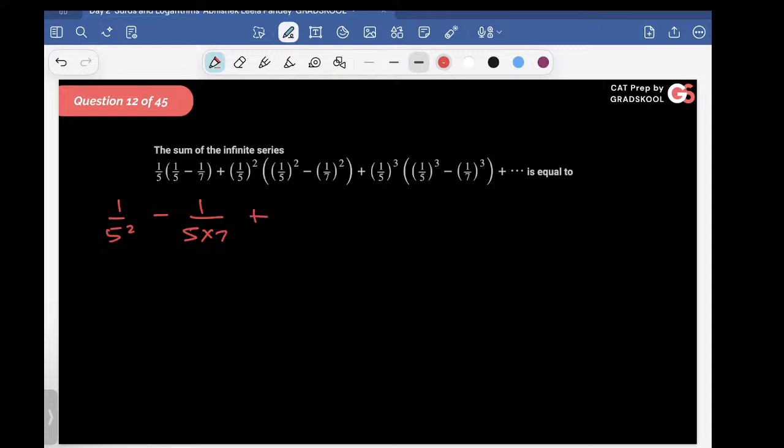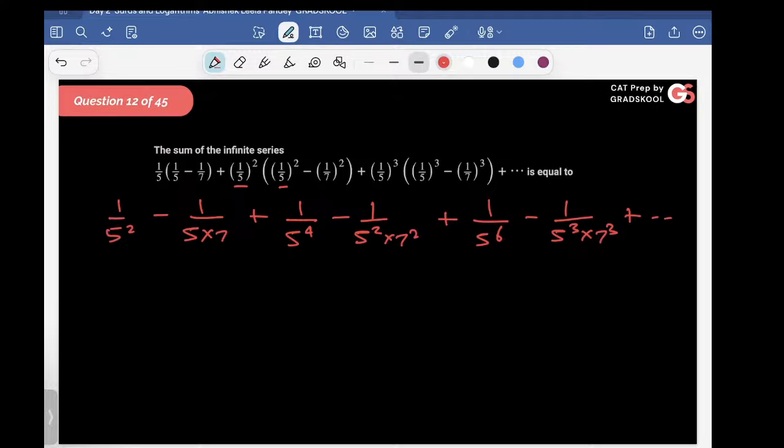Second bracket, 1 by 5 to the power 4, if you see, this is a square, minus 1 by 5 square into 7 square. Similarly, 1 by 5 to the power 6 minus 1 by 5 to the power 3 into 7 to the power 3, and so on.